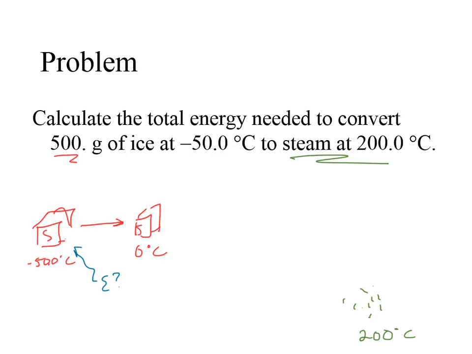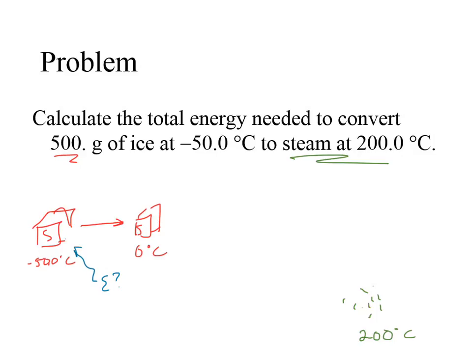So we got two things going on here. We got the whole temperature change, and we got the whole phase change because, my goodness, it's going to have to go from solid to ultimately being a gas. This actually is an application of Hess's law a little bit.